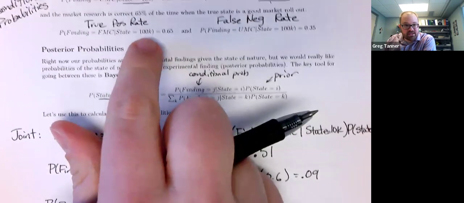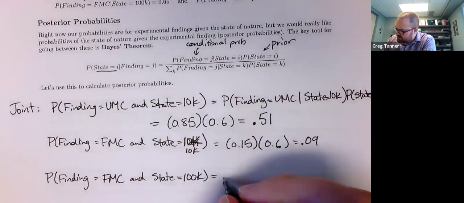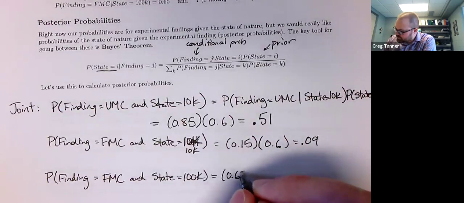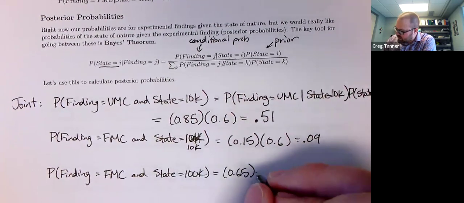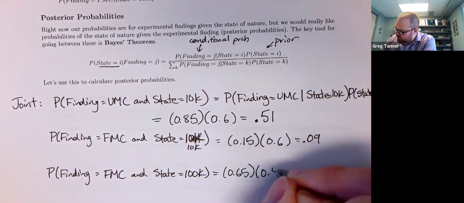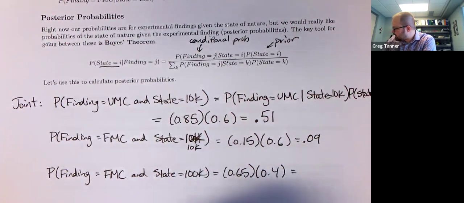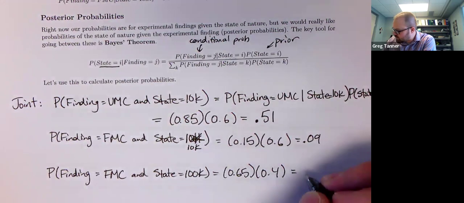I'm going to take this rate here of 0.65, multiply it by the prior probability of 100K, which is 0.4. And that should give me a value of 0.26.